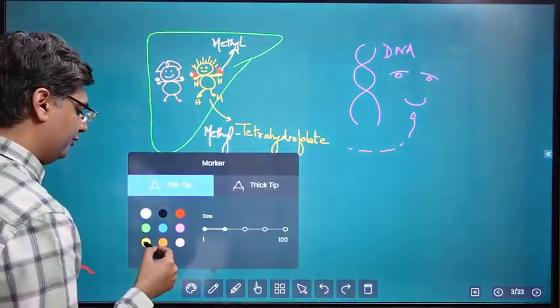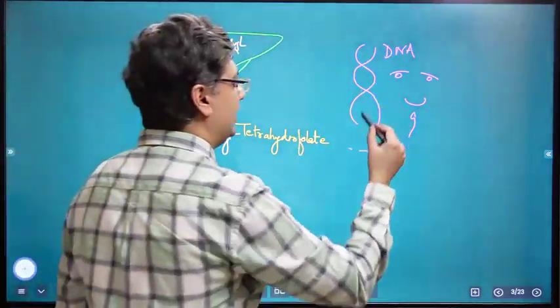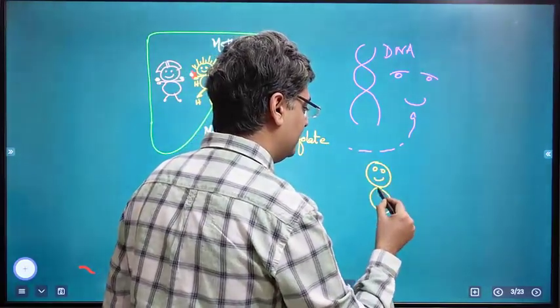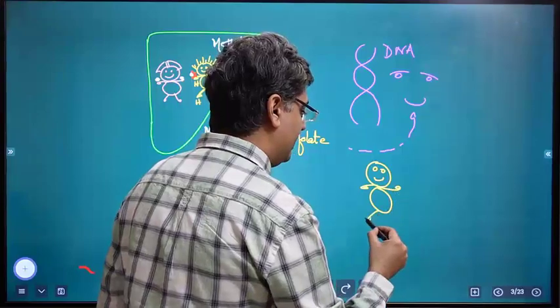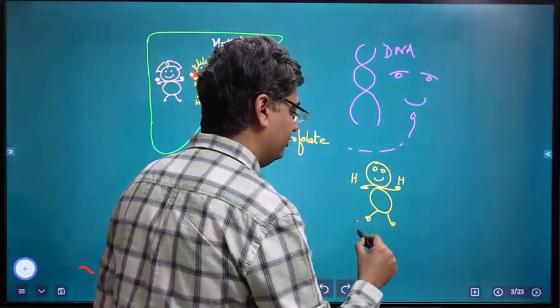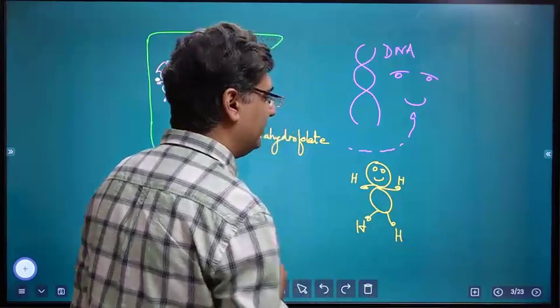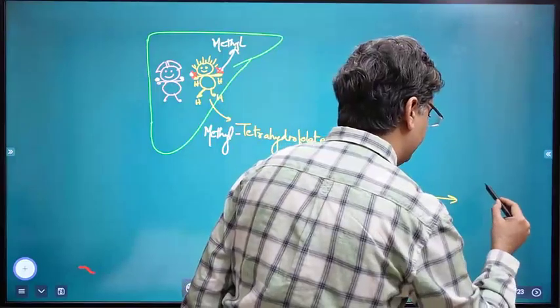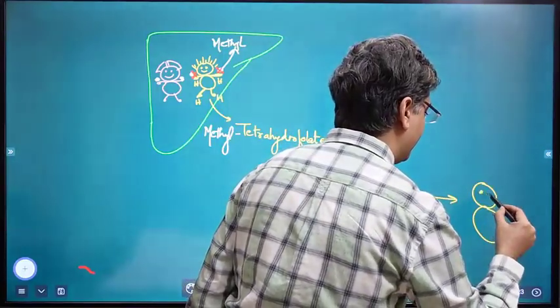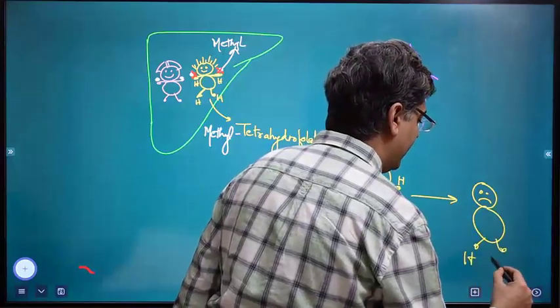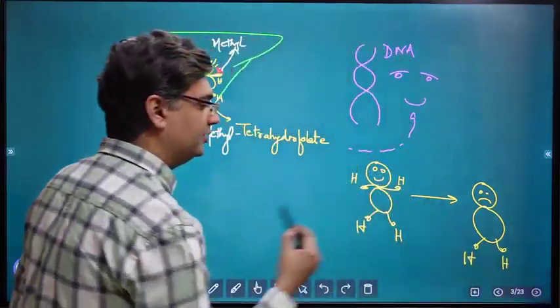Now tetrahydrofolate is free and comes here to help out the DNA in dividing. Remember, he is holding on to the 4 hydrogens as well. DNA says, oh, you've come here to help me, I will break your hands. Now he is very upset because he doesn't have hands. He only has 2H now.